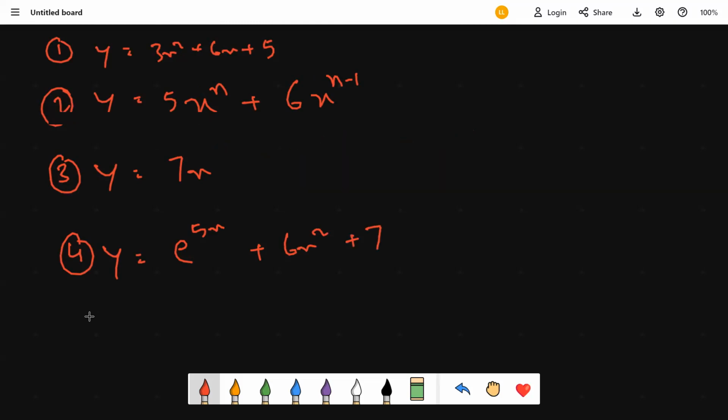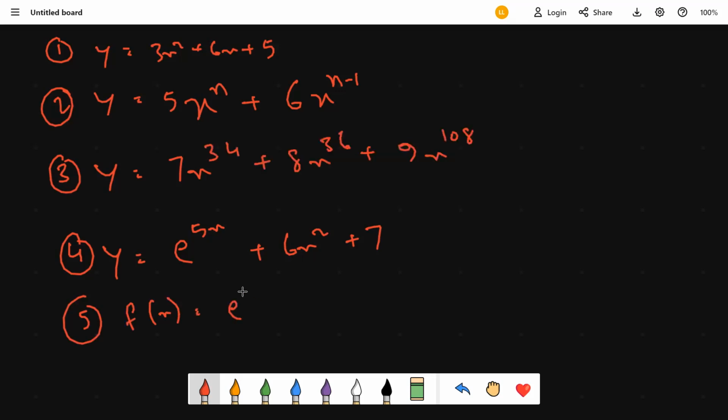Then f(x) equals e to the power 6x squared plus 7x. Then f(x) equals e to the power x to the power n. This is x to the power n. Remember, many of the equations you won't be able to solve, but try it by yourself.